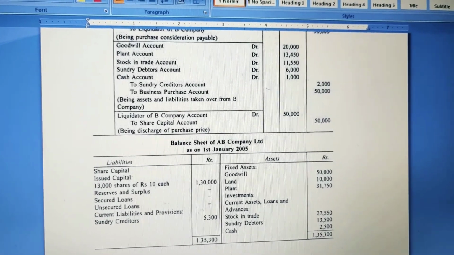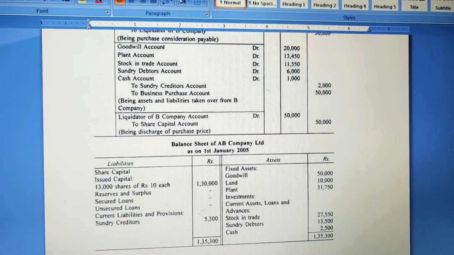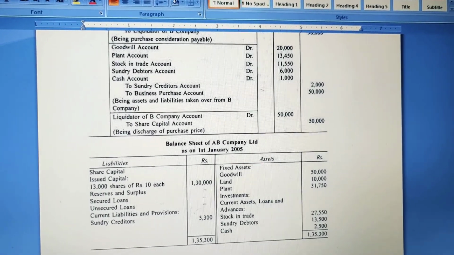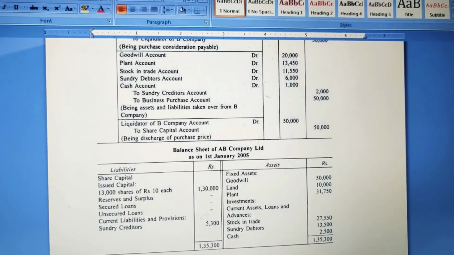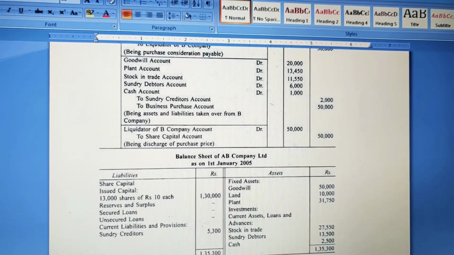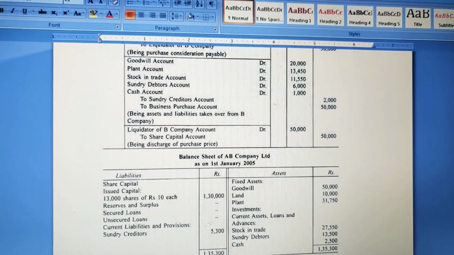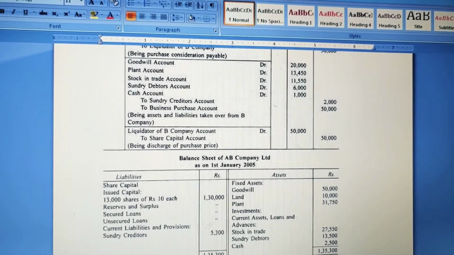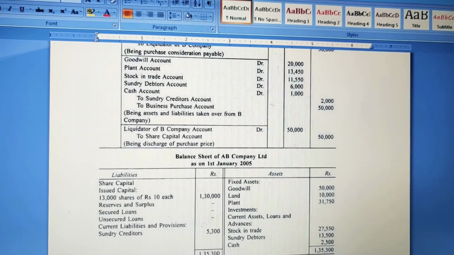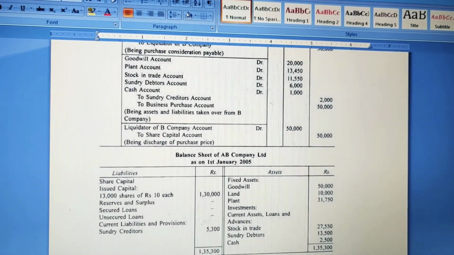Okay, you have to add to your goodwill account, similarly land account, plant account, so you have to add up all these amounts. Like you can see here, in the books of B limited, the value of goodwill was 20,000, while in the books of A the goodwill amount was 30,000, so total goodwill amount is now 50,000.